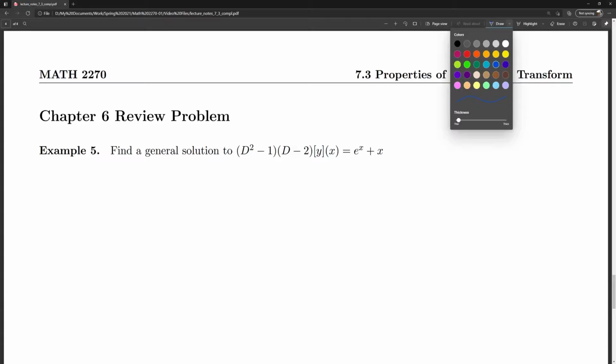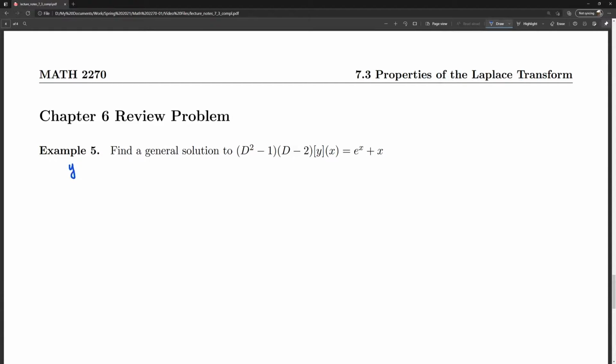when we write that down, the general solution will be of the form y of x is yh of x plus yp of x. So this is the homogeneous solution and the particular solution. The homogeneous solution we find by looking at the auxiliary equation.